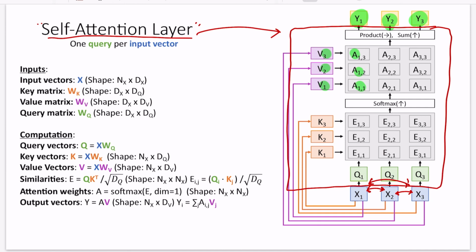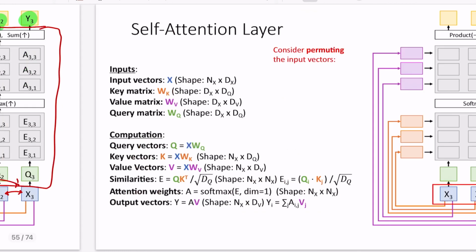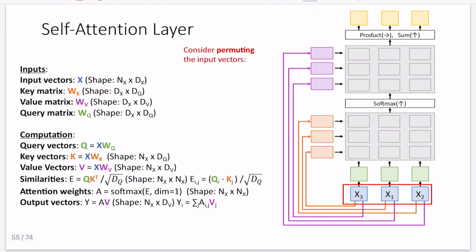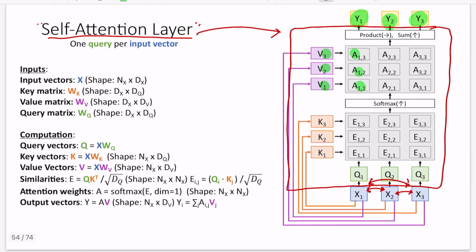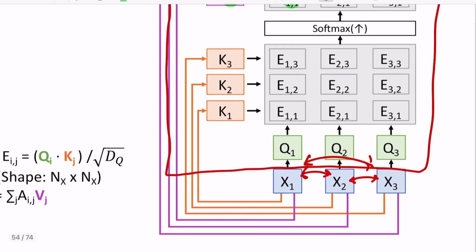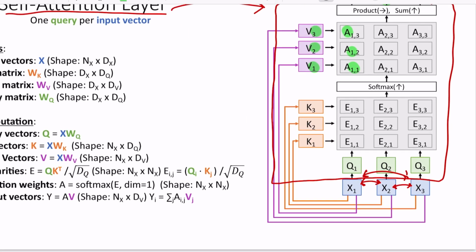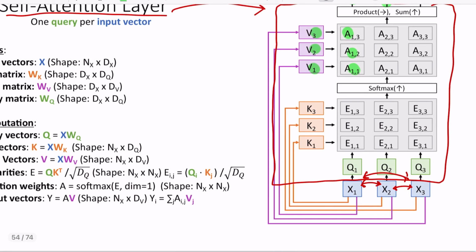Okay. So this is the self-attention layer. From now, let's talk about properties of the self-attention layer. First of all, when we carefully look at such an attention mechanism, there is no way to understand the order of the sequence, right?